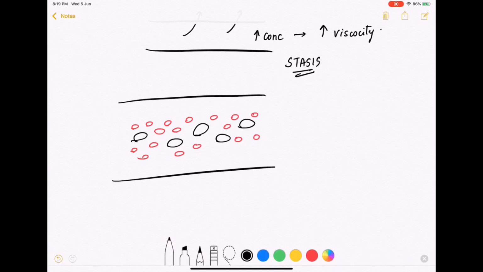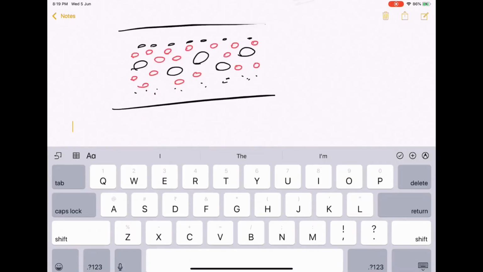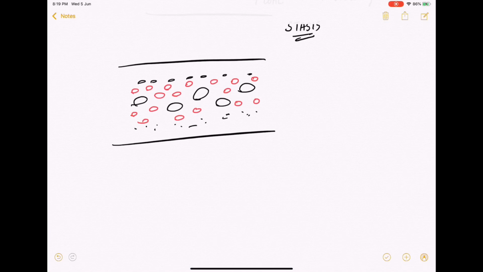And more peripherally, you see the platelets, which are much smaller structures. And then you have some space which is cell-free plasma.